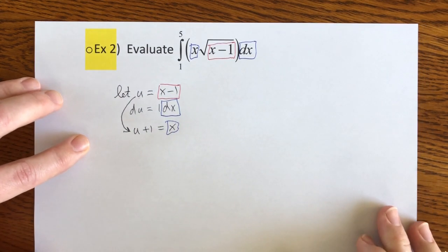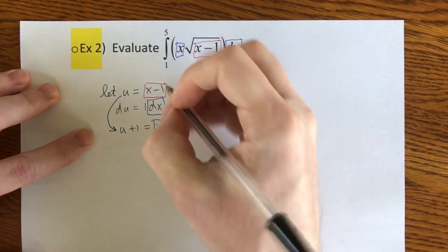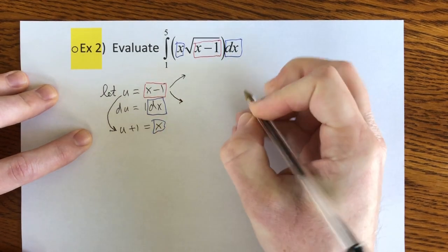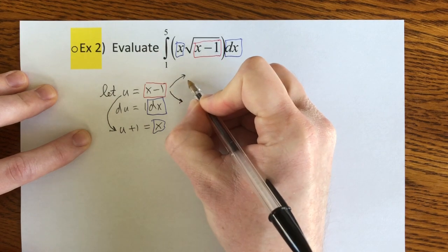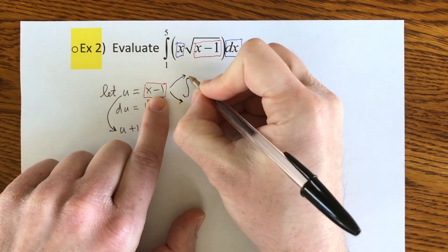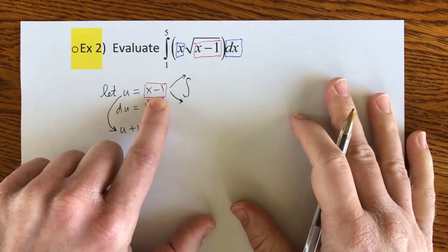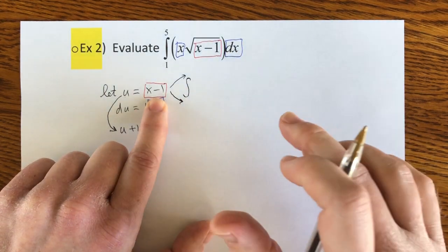All right, so let's see what we do next. At this point, we would go through our motions like we did in the previous example. We don't have any coefficients to write down in this particular one, so we're just going to put our integral symbol. Then we're going to change our limits of integration based upon what u is equal to. Everything now is going to be in terms of u. There's no going back to x.